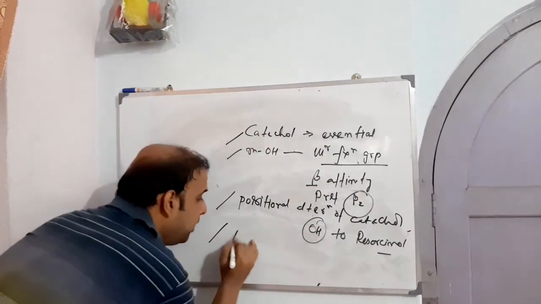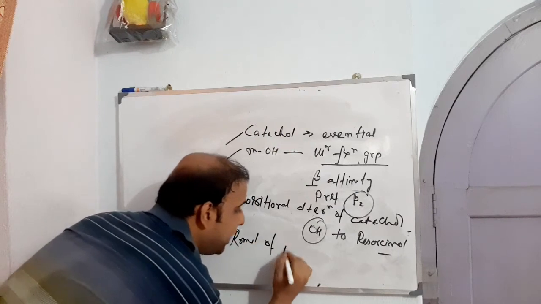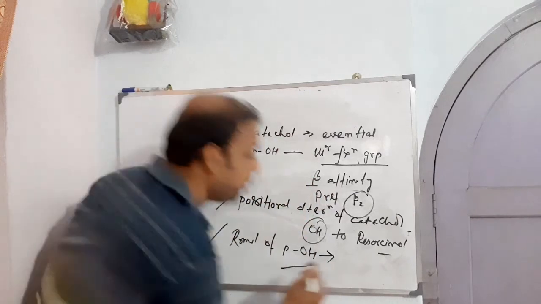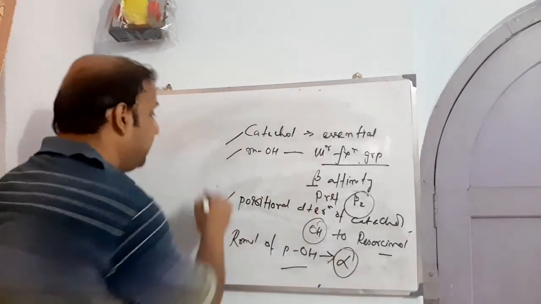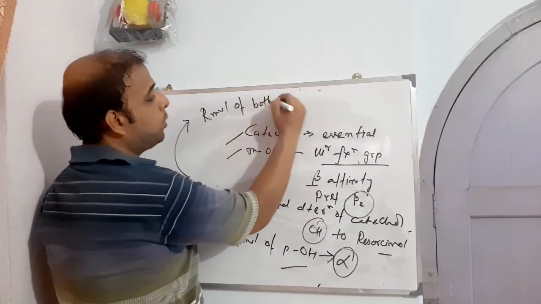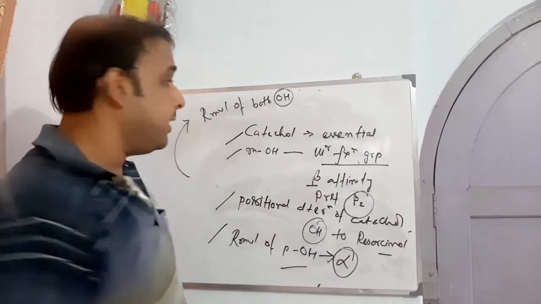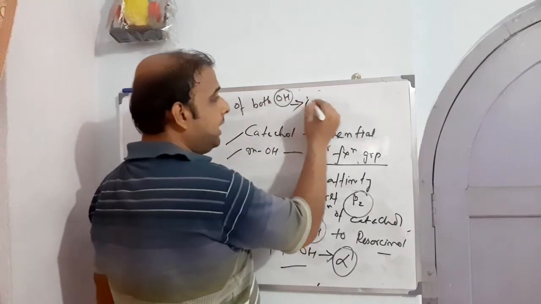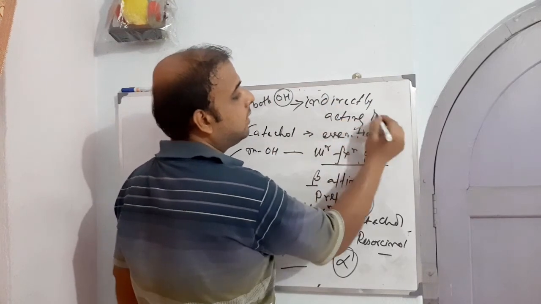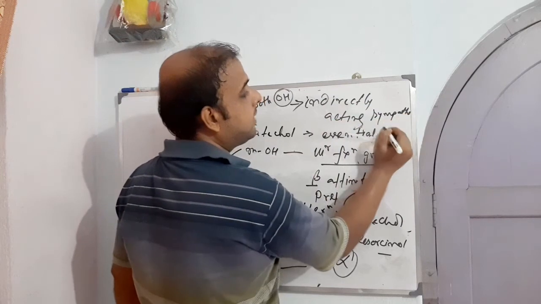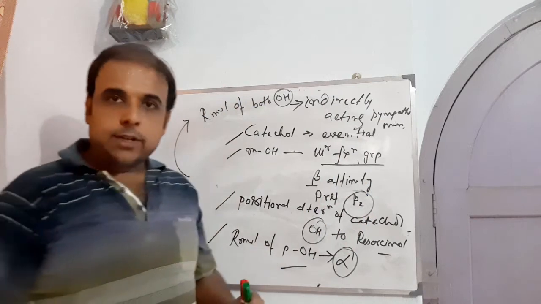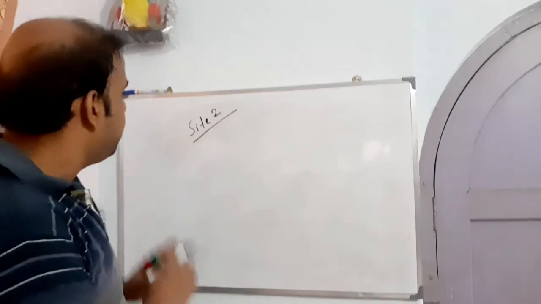Then removal of the para-hydroxyl results in the affinity growing towards the alpha receptor, right? Then removal of both hydroxyls, that means the catecholic hydroxyls, leads to the development of indirectly acting sympathomimetics. Okay, so with that we are done with site 1 modification.